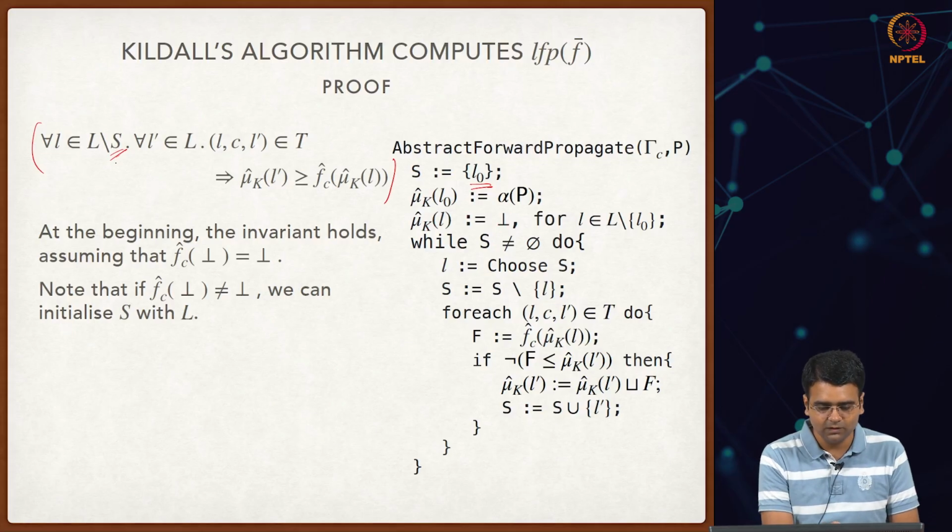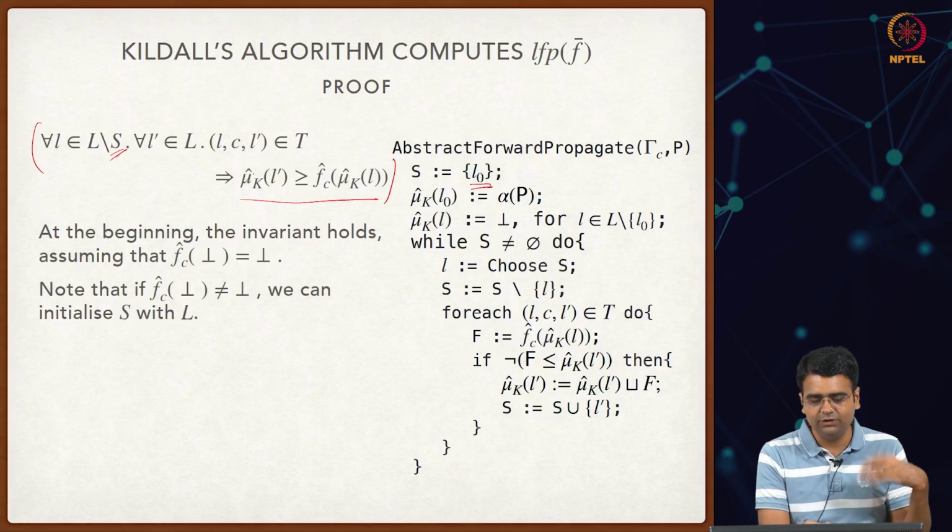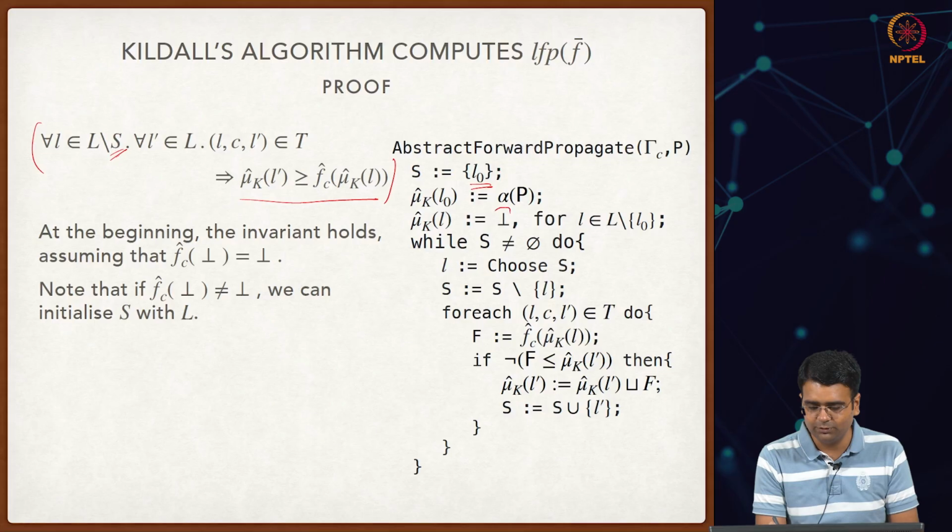Okay. So which means that for every other location, what I need to show is this: for every location that is not in S, if you propagate the abstract value from those locations to its successor, so for every successor L prime such that L C L prime belongs to T, mu hat k at L prime is greater than or equal to f at C of mu hat k of L. So for every other location except L0, I know that the value of mu hat k of L is bot.